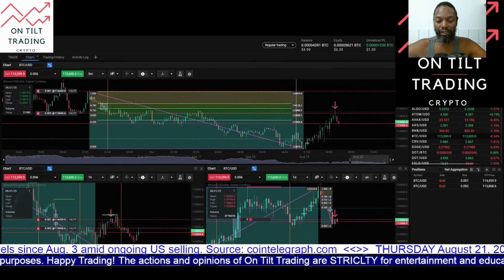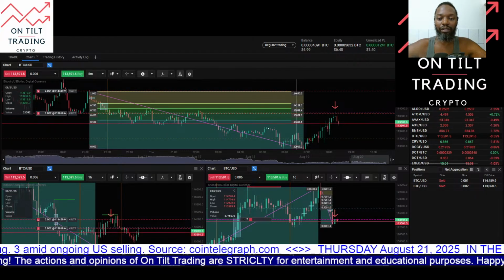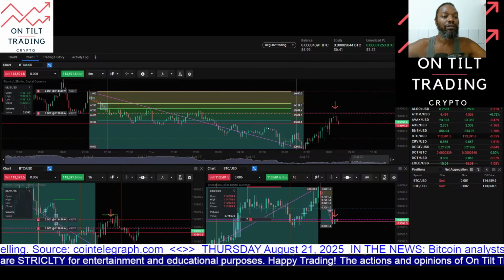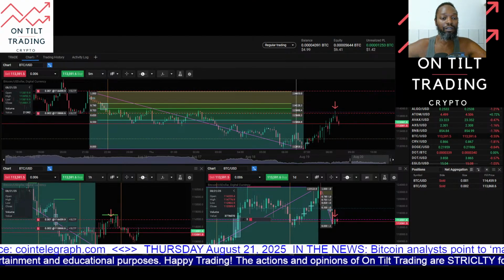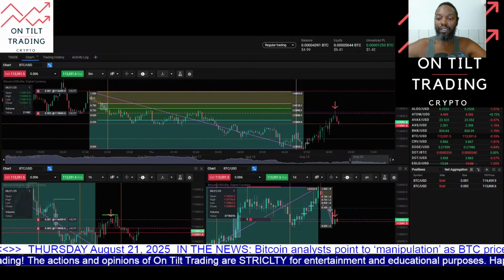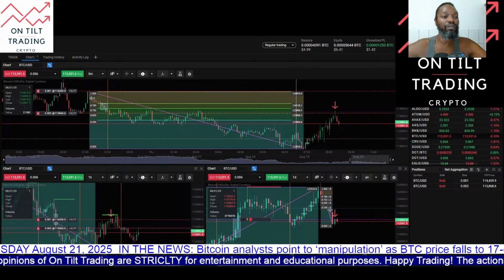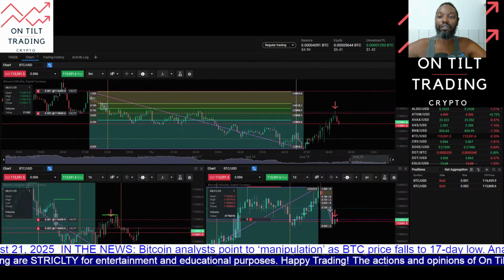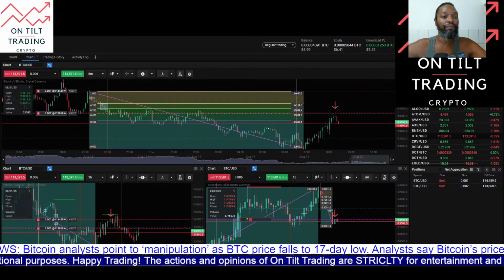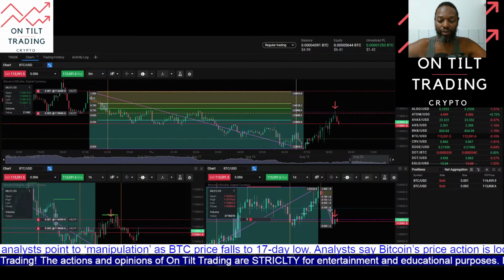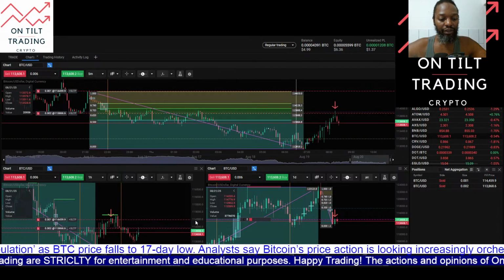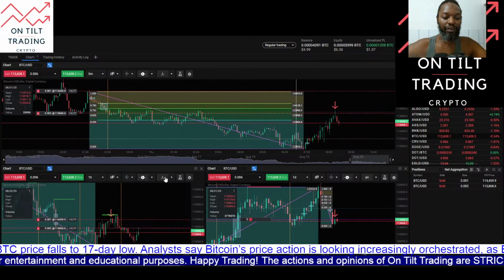And this is a potential, let's see. I believe this is a 3.8 to 1 risk to reward scenario. So I do like the risk to reward. Anything that is 3 to 1 or better, risk to reward wise, is what I want to see.